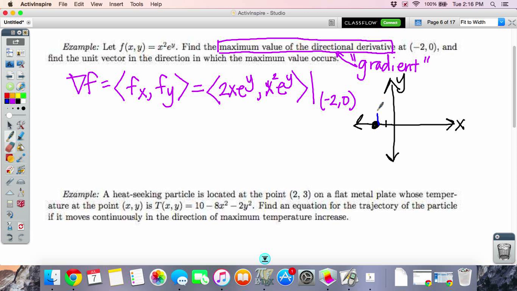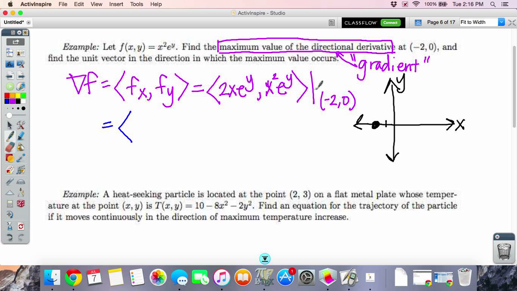Should I walk this way? Should I walk this way? This way? I don't know where to go, but I want to walk the most uphill that I can possibly walk. And the gradient is going to tell me which of those directions is the correct direction, because otherwise I'd have to check infinitely many directions, and I don't have time for that.